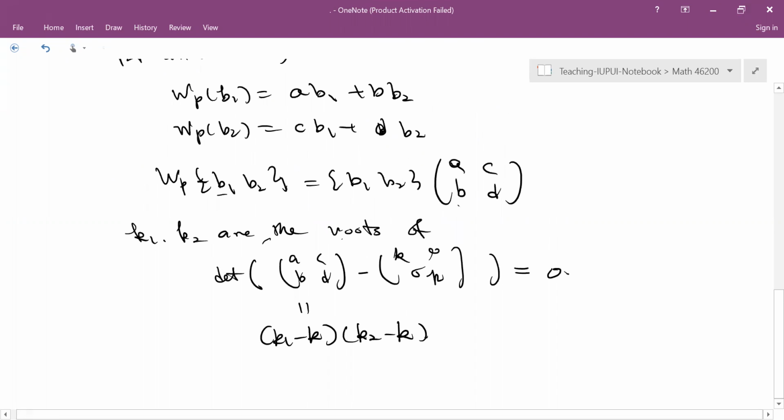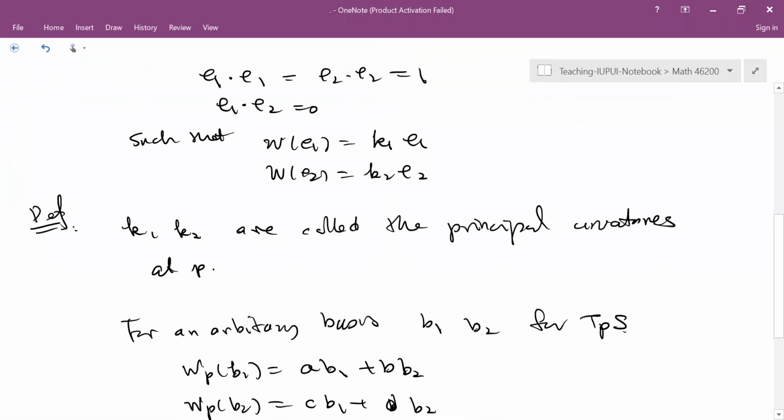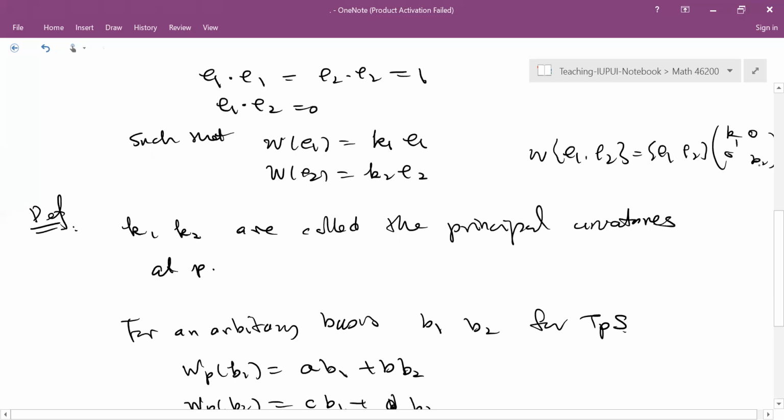It's much harder to find the orthonormal basis such that W of E1, E2 is E1, E2 times the diagonal matrix K1, K2. It's not easy to find the orthonormal basis such that this holds.